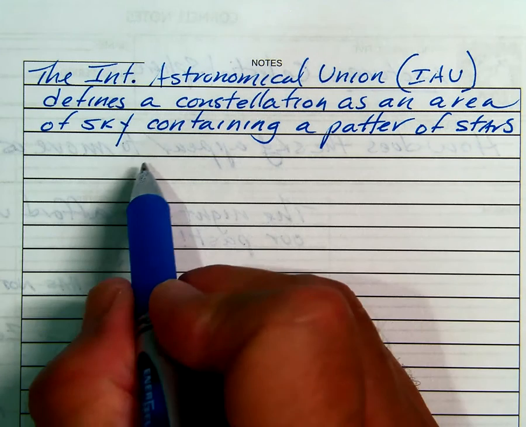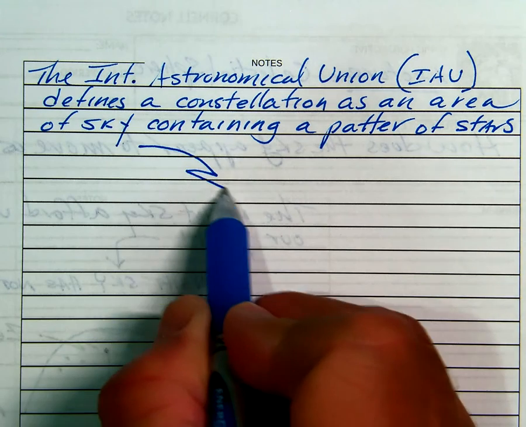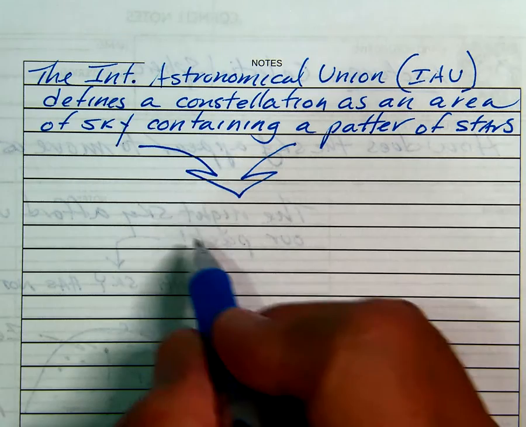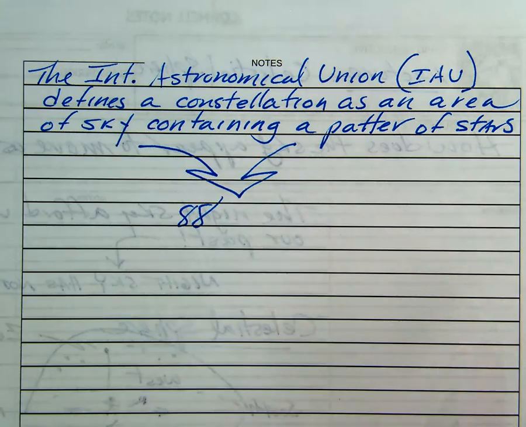Now, their catalog, there's 88 constellations.